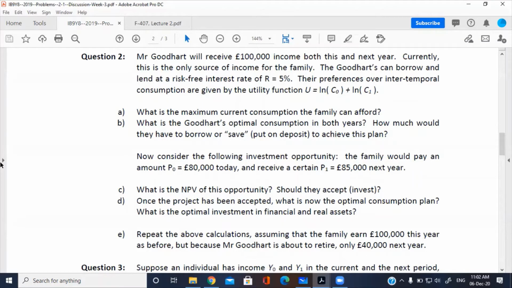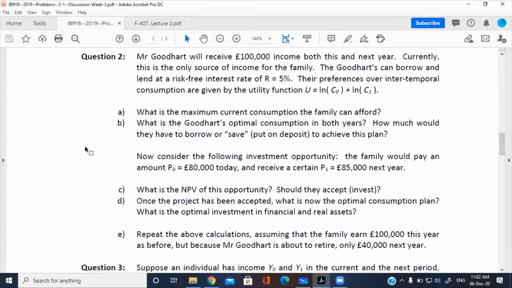And from the Fisher separation theorem, and also from the preliminaries of capital investment decision, you probably have come up with the idea that the investment decision and the financing decision should be taken separately. The investment decision should not be influenced by the financing decision, so that you can take the optimal project even by means of borrowed money. Okay, so that is some background for having this kind of discussion.